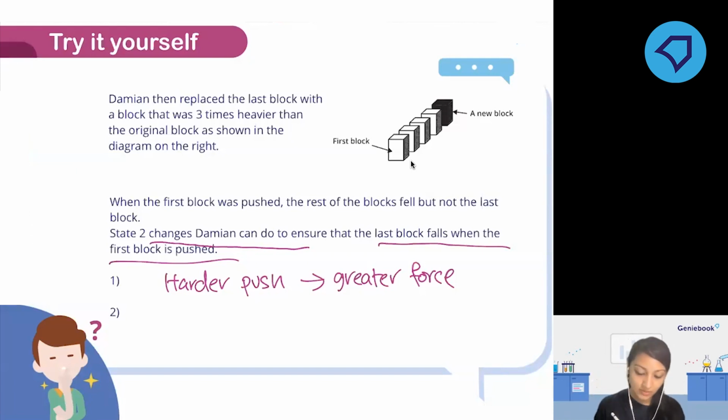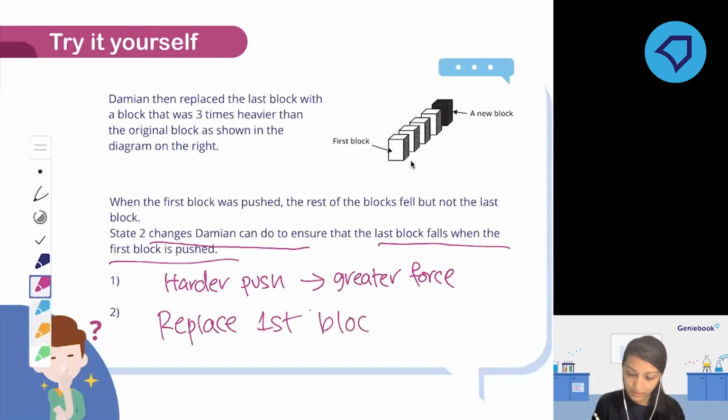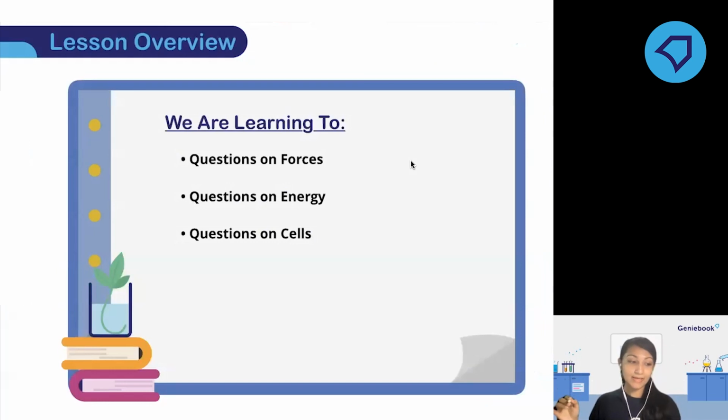So you replace the very first block with a new heavier block. That will give the same effect, because when the heavier block falls down, there is more force. Yay, last part.